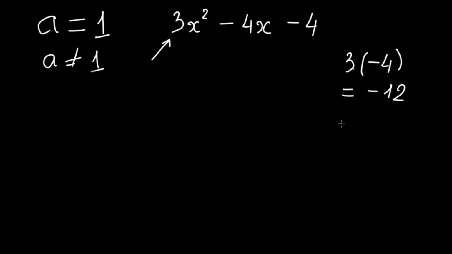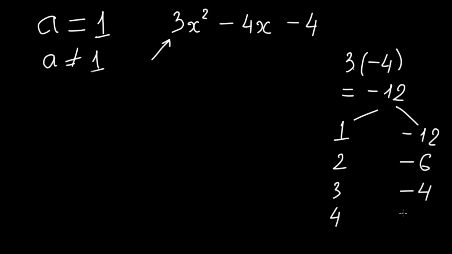So we just try to write out some numbers here. 1 and negative 12, 2 and negative 6, 3 and negative 4, and 4 and negative 3, and so on. Let's try to add the two numbers together, right?